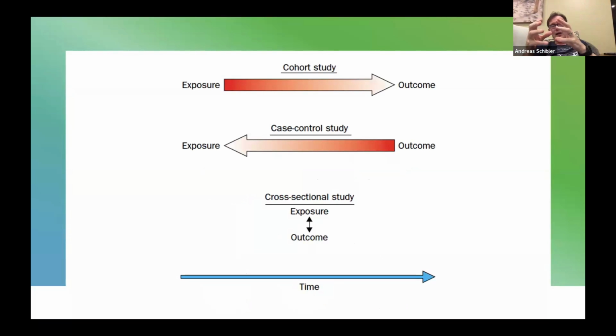So we have a time period where things are changing, and after 1 or 2 or 3 years, we measure the outcome: have things improved. A case control study is that we place an intervention into a study and we look at what happened in the past and what happened in the future. So we have an exposure in the past and we have an outcome in the future, and we compare the two. And the cross-sectional is basically we have an exposure and outcome intersected with each other over time.